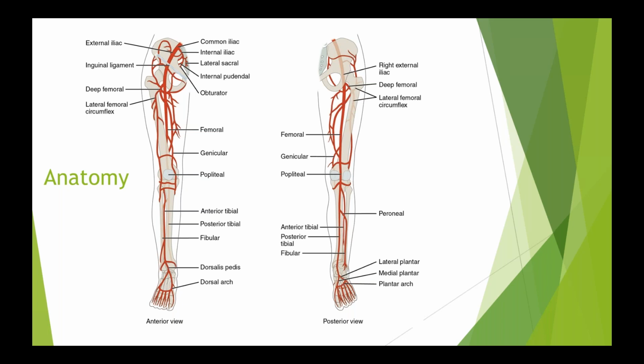The tibioperoneal trunk divides into the posterior tibial and peroneal arteries. The posterior tibial artery passes downward and behind the medial malleolus, and it divides into medial and lateral plantar arteries, as you can see on these images.